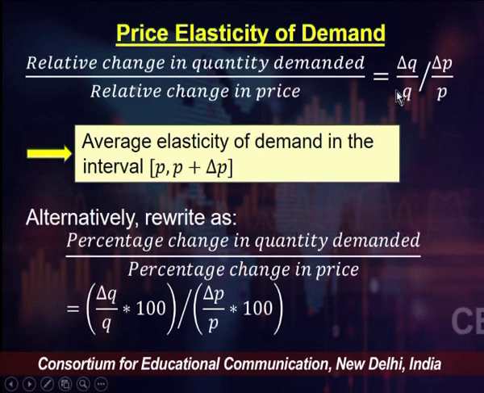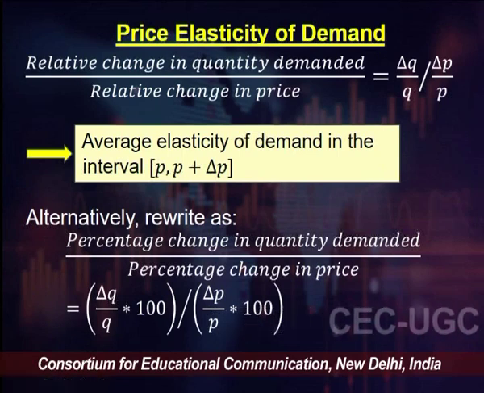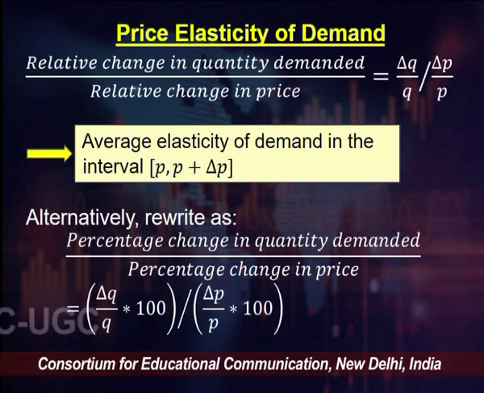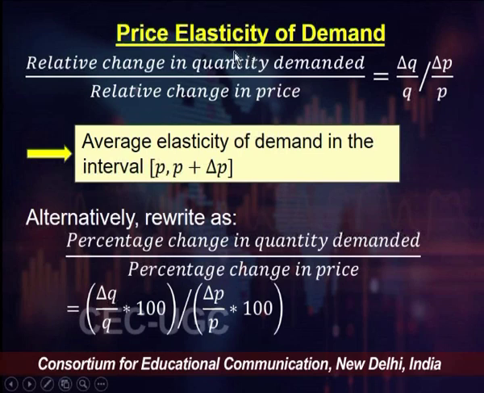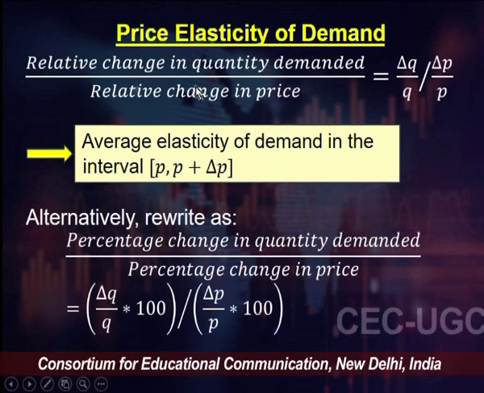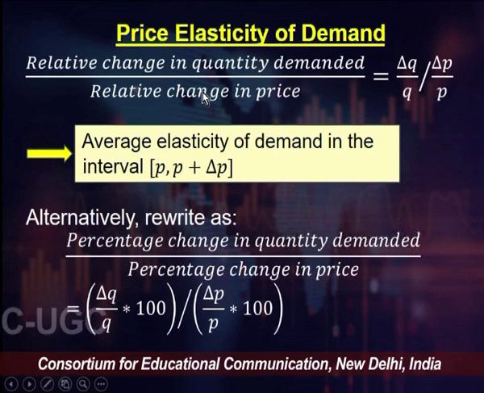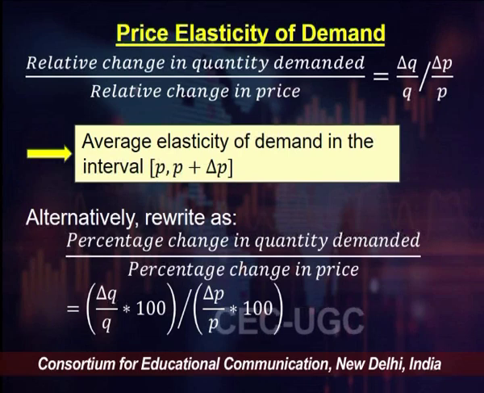Mathematically, this is delta Q by Q divided by delta P by P, and this is known as the average elasticity of demand in the interval P comma P plus delta P. I hope that makes sense. So, we moved now from absolute changes to relative changes.